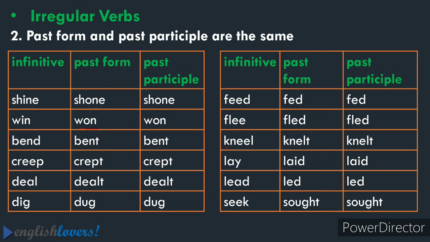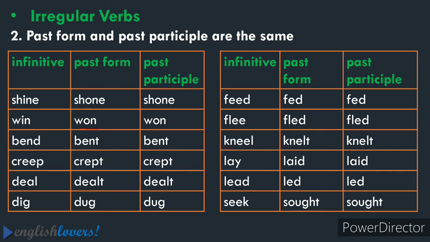Lay, laid, laid. What is lay? L-A-Y. Lay means place something on a surface. So we say hens laid the eggs, or hens lay the eggs. Here we use the word lay in the context of putting something on a surface.